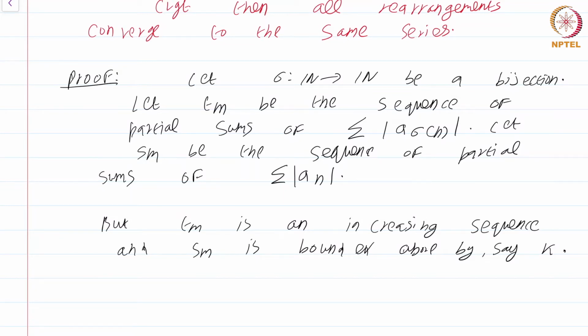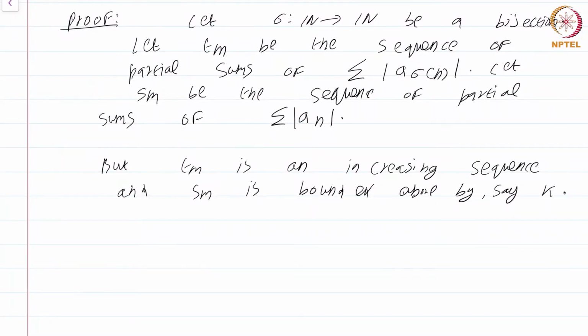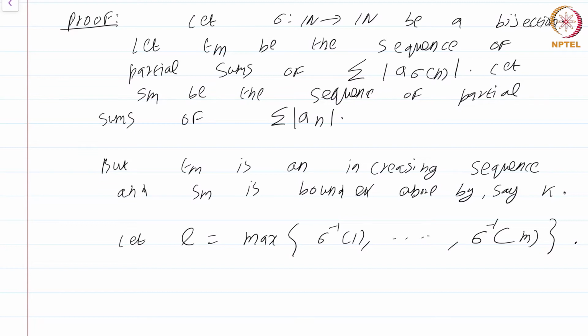Because summation mod a_n converges absolutely. Convergent sequences are bounded, therefore S_m will have to be bounded. Now what we do is the following. Let L be equal to the maximum of sigma inverse 1, dot dot dot, sigma inverse m. What I am doing is I am looking at where the first m terms of the rearranged series are coming from in the original series.